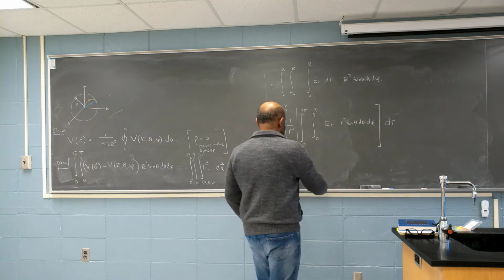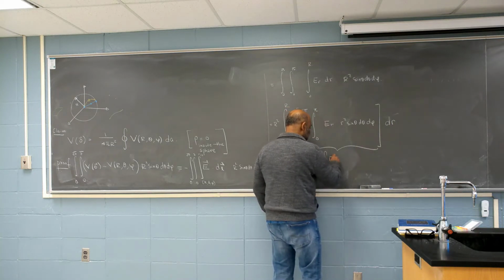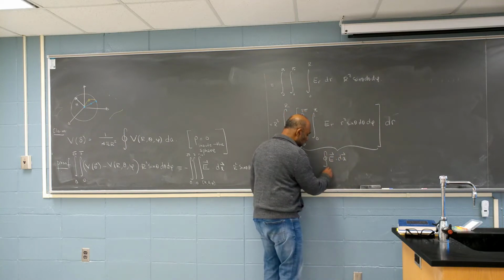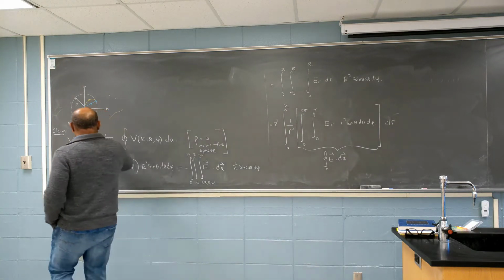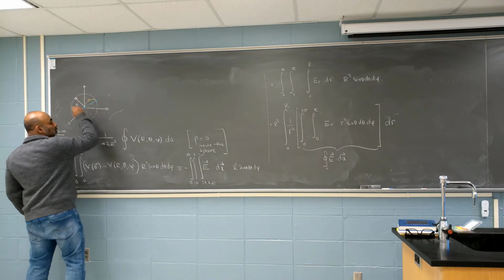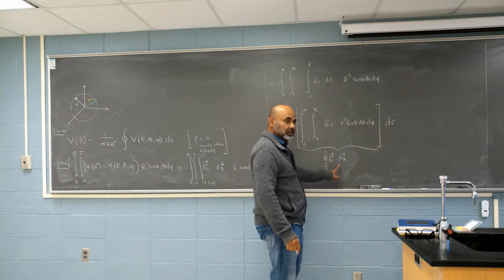What is this? This is nothing but E dot dA on a closed sphere, a sphere of radius r. What radius r? Well, at any point, at every point. And according to Gauss's law, what is this?